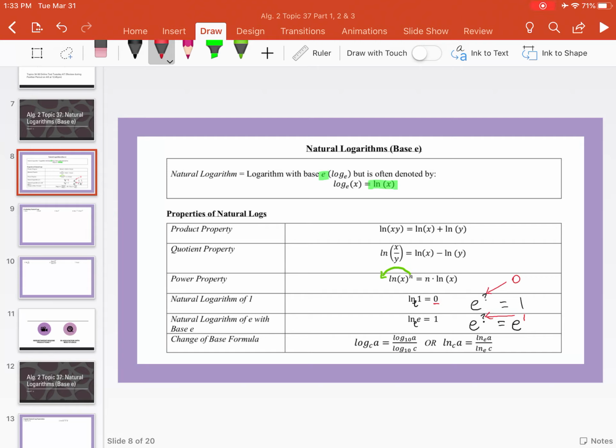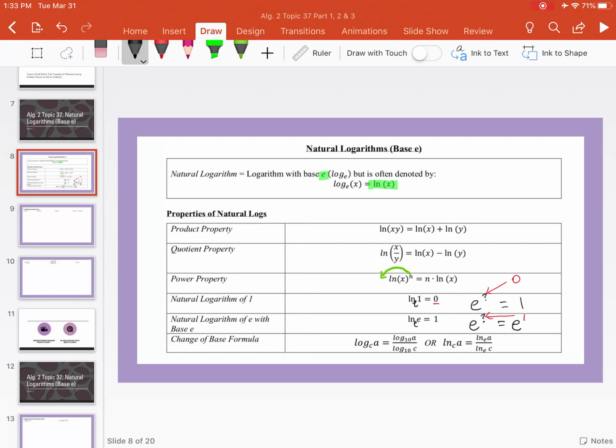If we have ln base c of a, it is the same thing as ln base e of a divided by ln base e of c. And we can actually interchange them, so we can use them both ways. If we see a log of a base in a number, we can also apply the natural log when using the change of base formula, and we'll get the same answer.